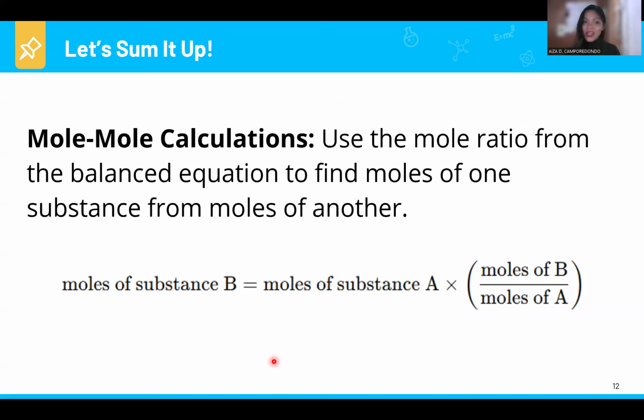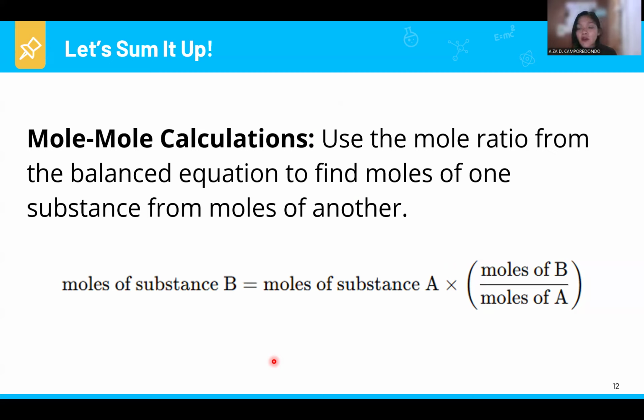Okay, so that's the end of our discussion. But before we end, let's sum it up. For the mole to mole calculation, please remember that this uses the mole ratio from the balanced equation to find the moles of one substance from the moles of another.